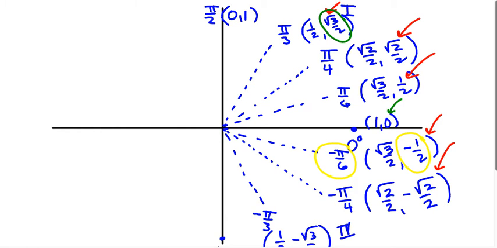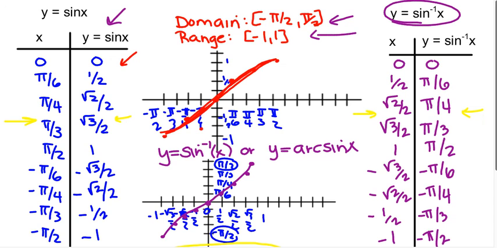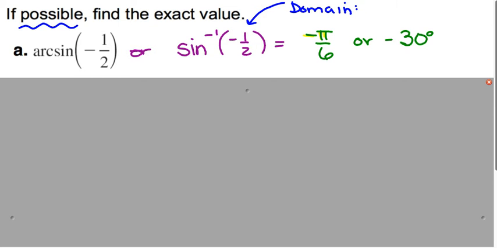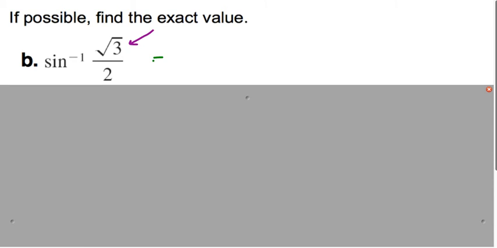There it is. So what's the angle? π/3. Again, we're not looking at these other two quadrants that don't exist for our sine inverse. So our answer then is π/3. Or 60 degrees.